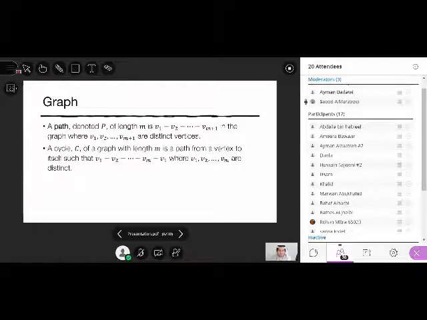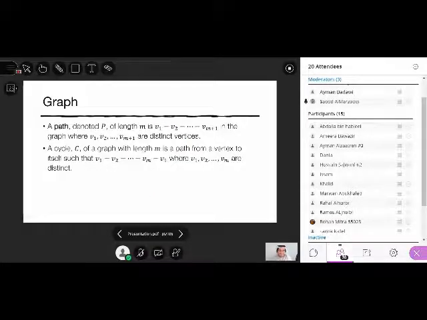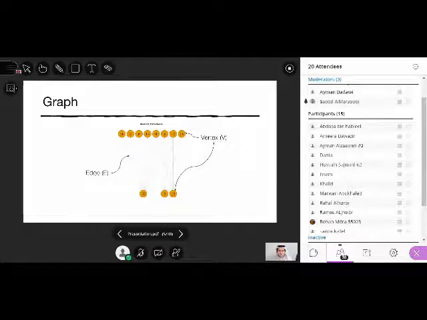So let's take for example 18 and 5. The path between 18 and 5 is 18 to 10 to 4 to 5. There are multiple paths in this case. And the length of the path, in more colloquial terms, in what Professor M will call straight language, is, for example if we take 18 to 5, how many edges are between them, how many lines are between them.